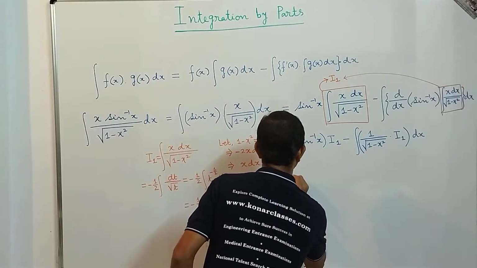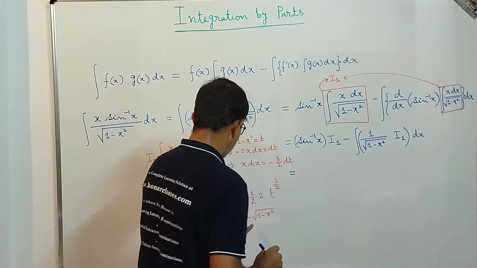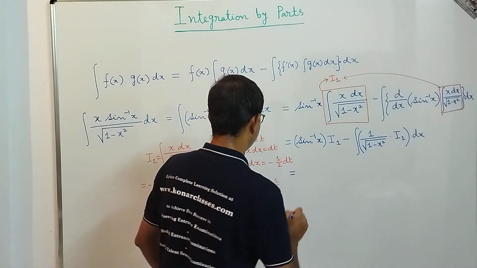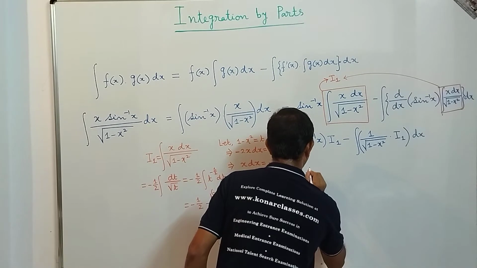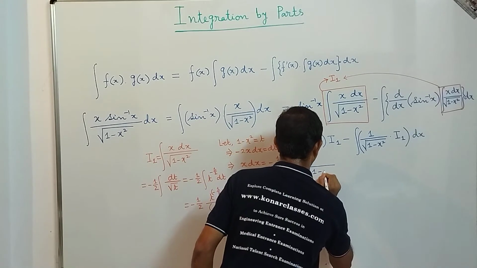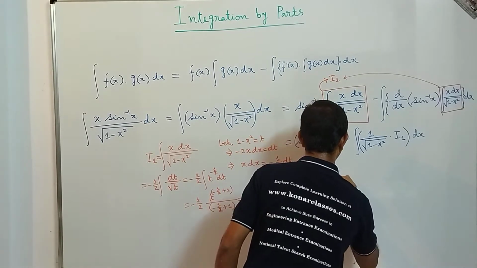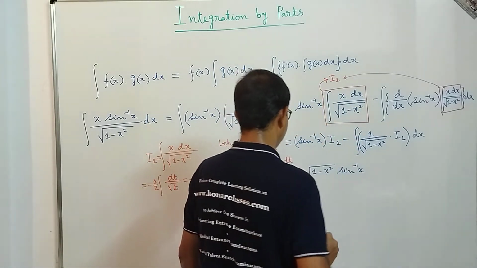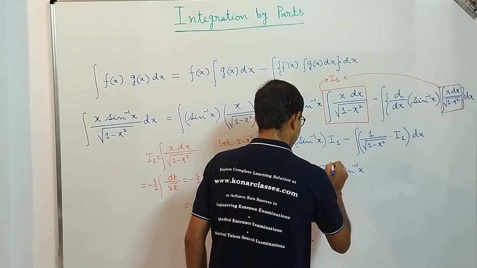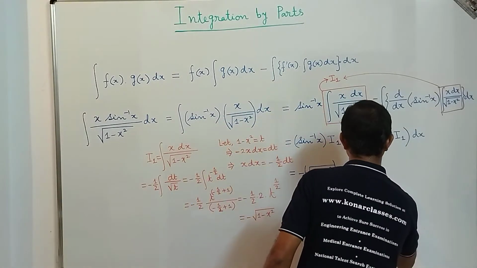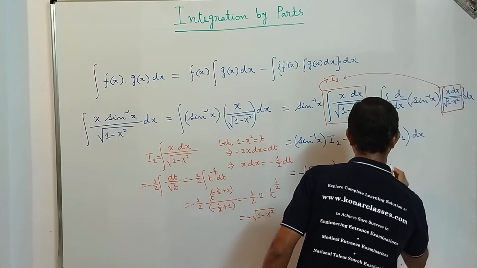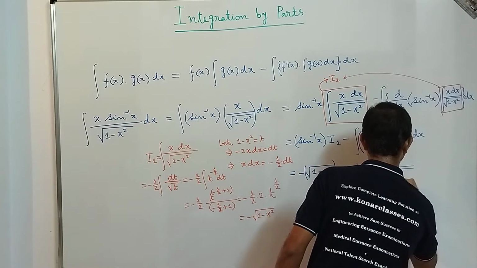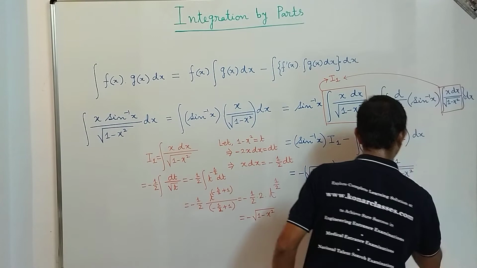So what we get here is equal to minus of square root of 1 minus x square minus of square root of 1 minus x square into sin inverse x, minus integration 1 by square root of 1 minus x square into I1.